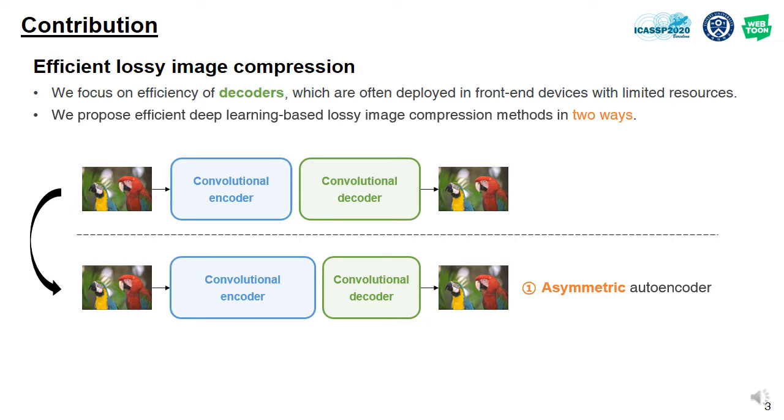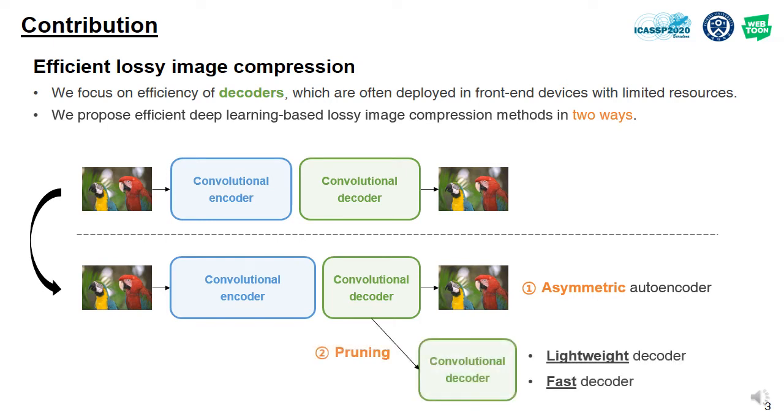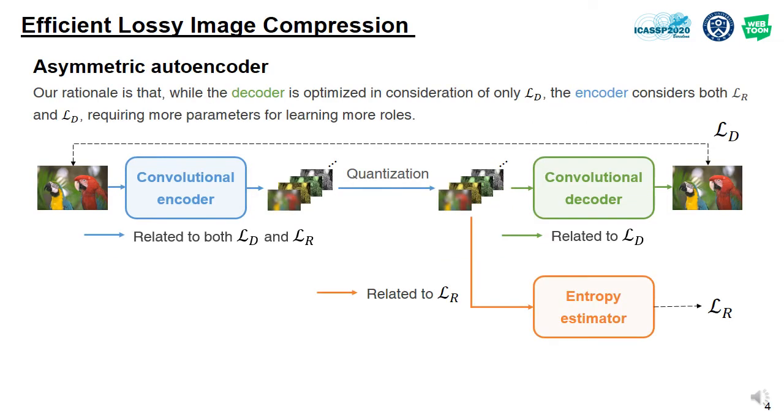Existing methods are mostly based on symmetric autoencoders, which may not be optimal. Second, by using pruning method, we design lightweight and fast decoders. I'm gonna talk about our proposed method in detail.